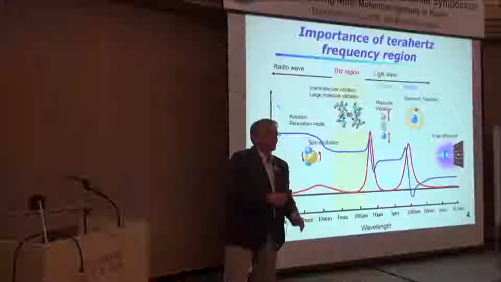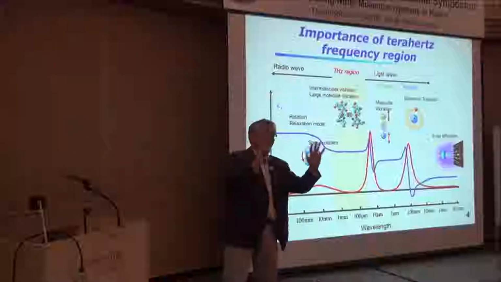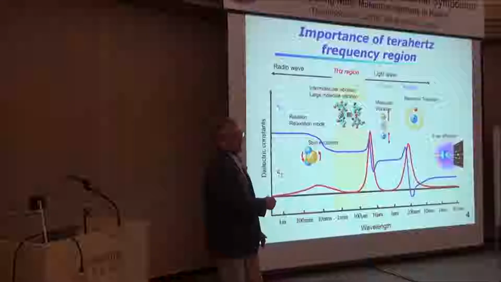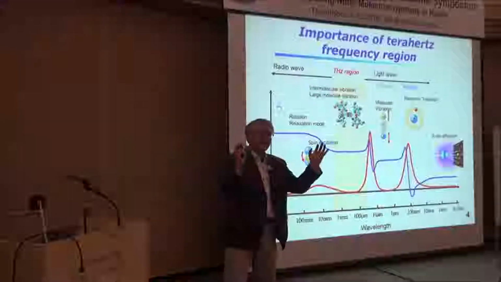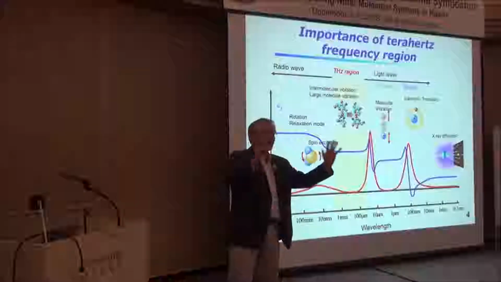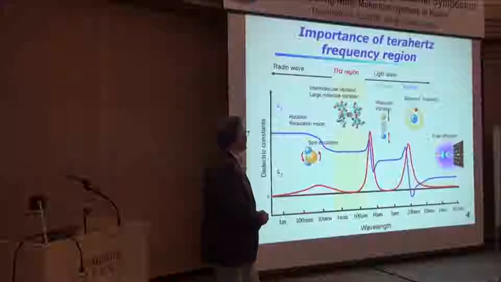So if you consider intermolecular vibration modes, eigenmodes exist in the terahertz region because the molecules are heavy. So we can monitor the large-amplitude oscillation of large molecules in the terahertz region.